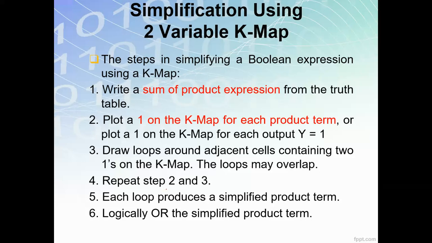Each loop you make actually provides a simplified product term. When you have identified each loop's expression, you combine them and join them with the OR gate or the plus notation.